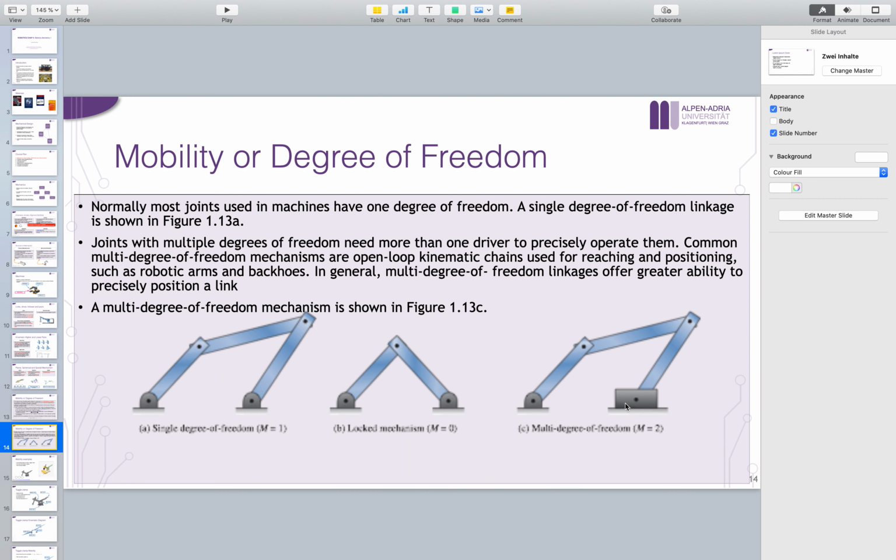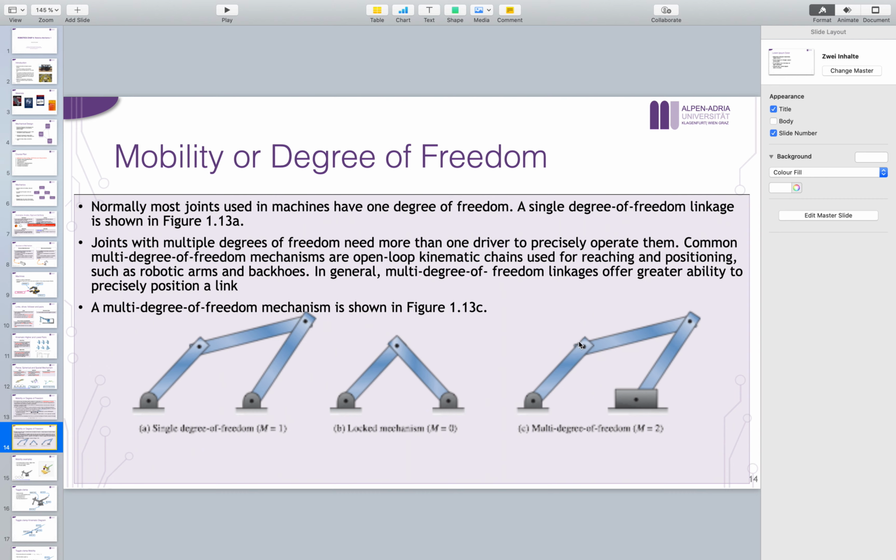So that means this actually can slide along this surface. Now if we consider, as I said, that we have 1, 2, 3, 4, 5 joints with 1 degree of freedom each, then I apply my formula.